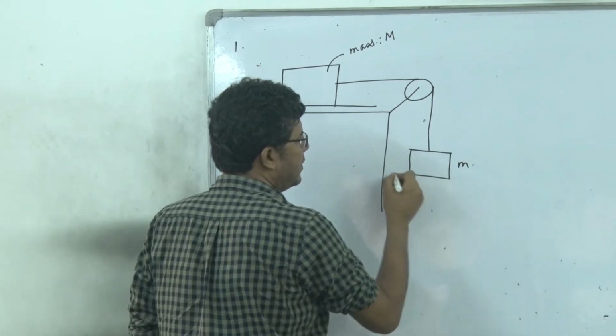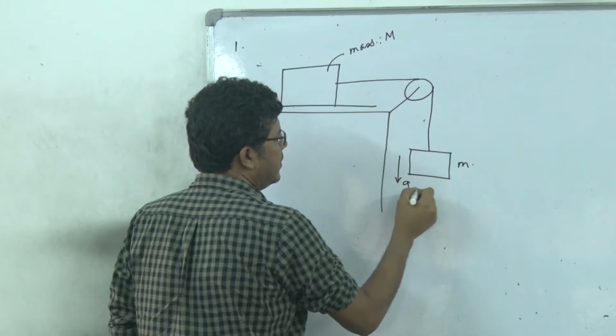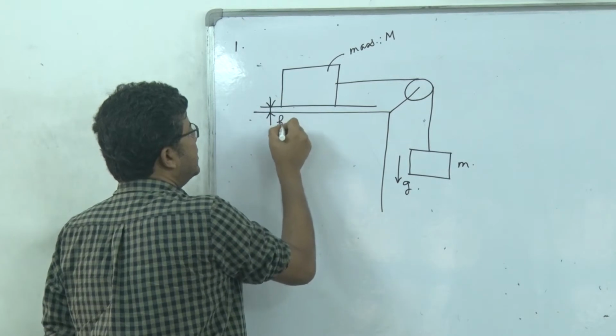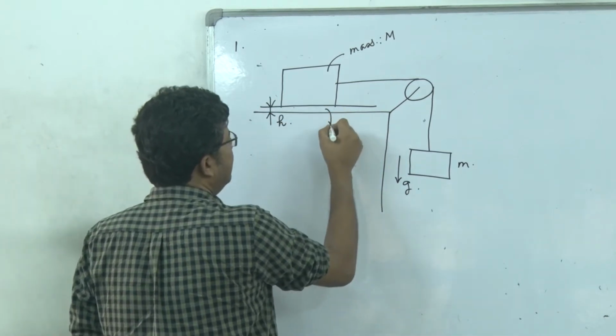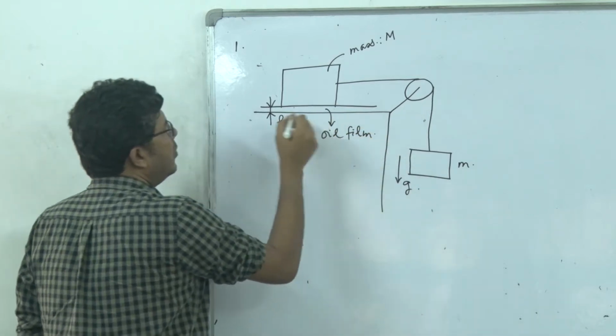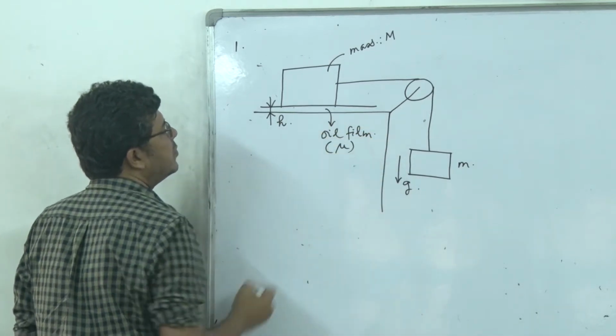This block has a mass M, gravity is acting downward, and this is the oil film, whose viscosity is mu.